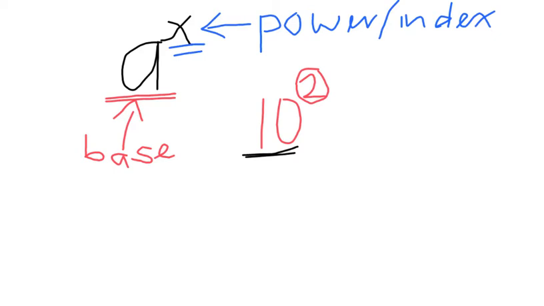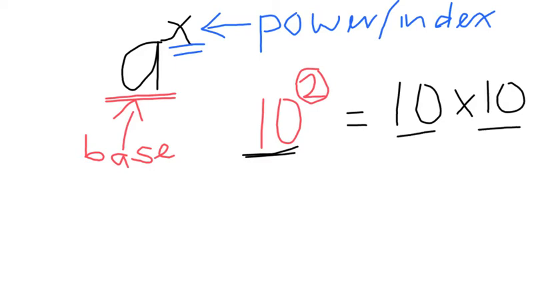So 10 to the power of 2, or 10 squared, is equal to 10 times 10. The base itself is being multiplied 2 times by itself, as you can see.